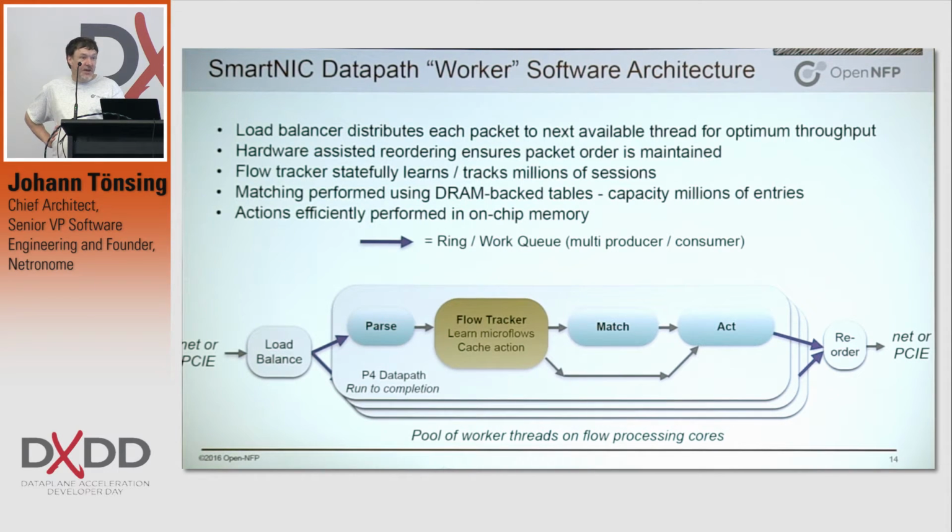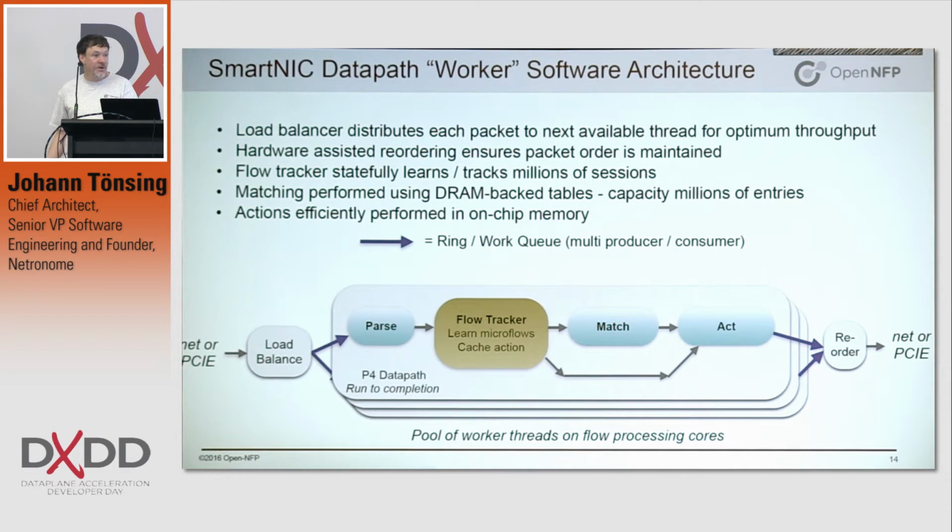So here's really the style of programming that this enables. There's hardware up front that can load balance to processing cores. And these processing cores now, for example, run P4 code that will do parsing, matching, actions. You may actually get a thread that can finish its work on a packet quickly and another thread taking long, and that may cause packet reordering.